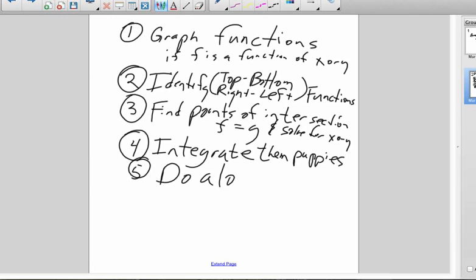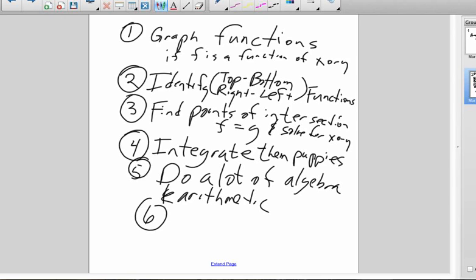Do a lot of algebra and arithmetic to get your answer. And then step number 6, die of boredom. Because you obviously have 820 million more of these to do.